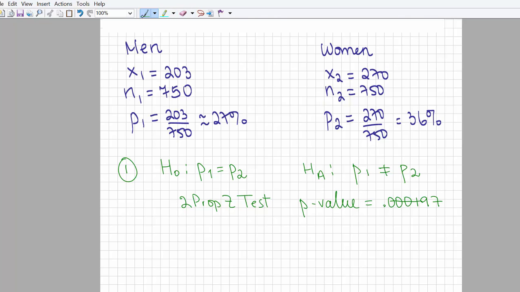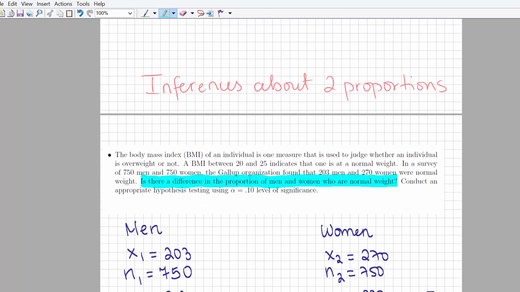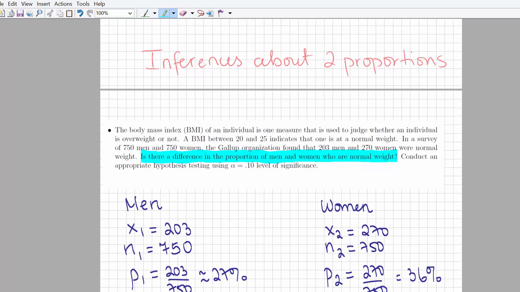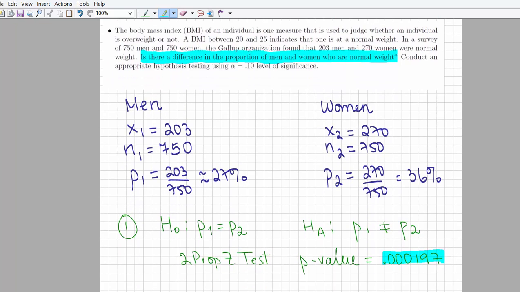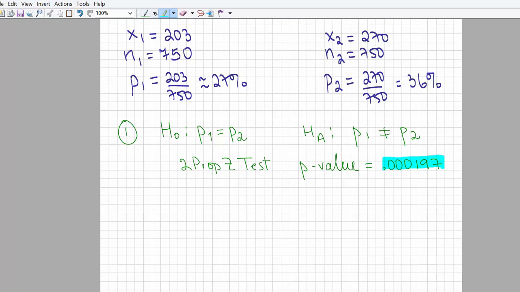This is a small p-value relative to our alpha level, which is 10%, 0.10, so that's our level of significance. So what is our conclusion? Our conclusion should be reject the null hypothesis.